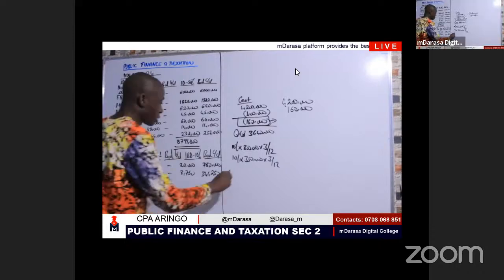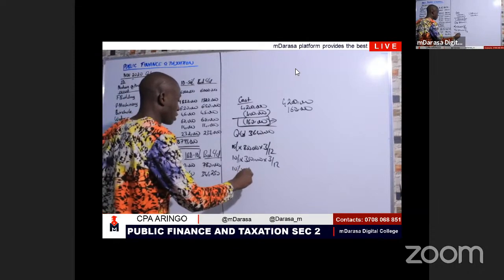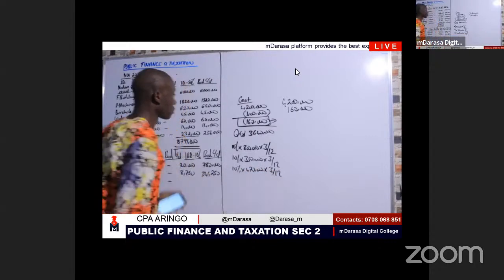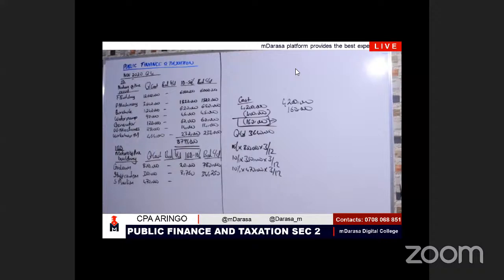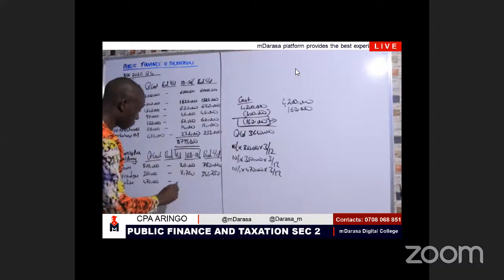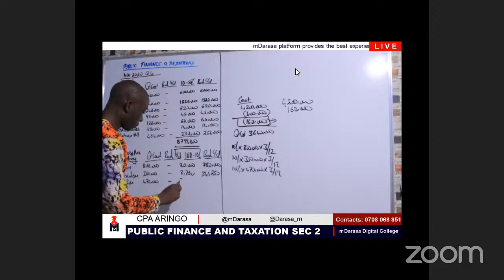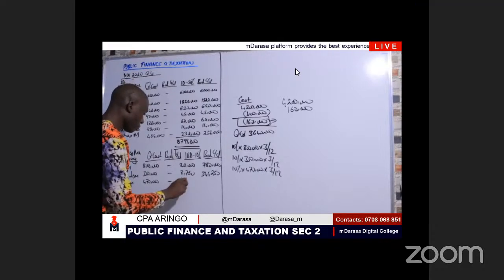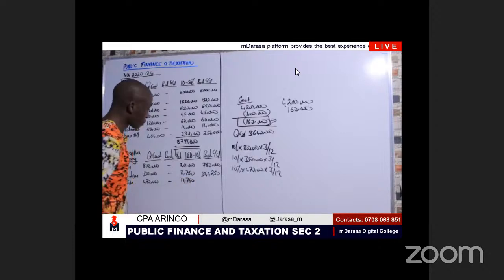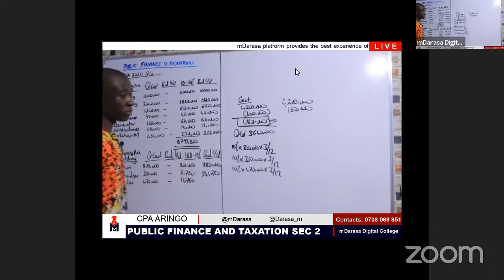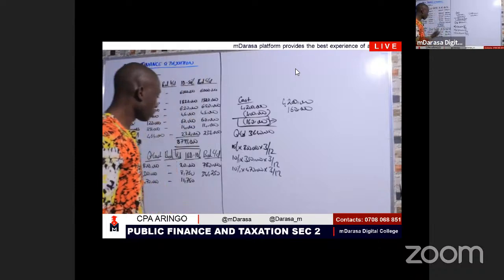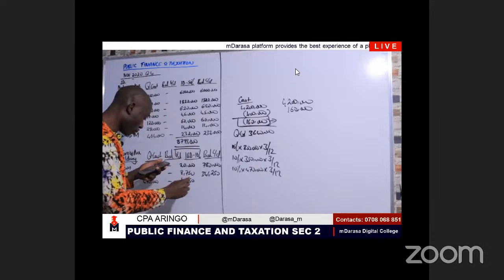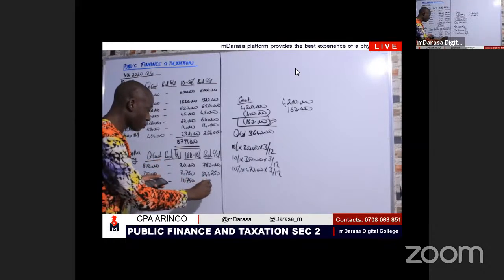Same concept: 10% times 470,000 times 3/12, which gives 11,750. Balance carried down should give us 458,250.